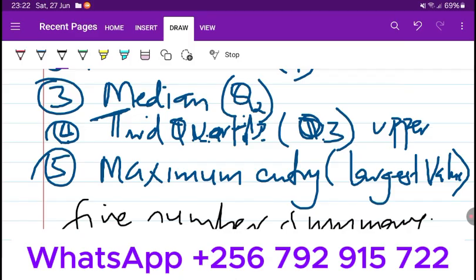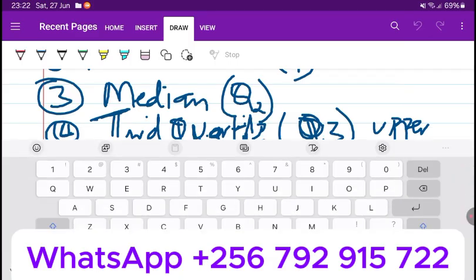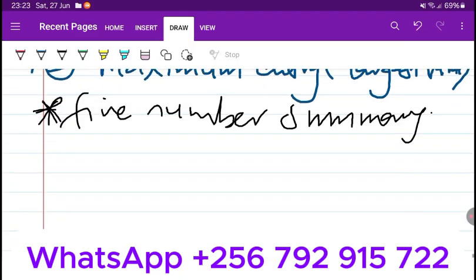Once you have identified the 5-number summary, you can go ahead and draw a box plot, or a box and whisker plot.